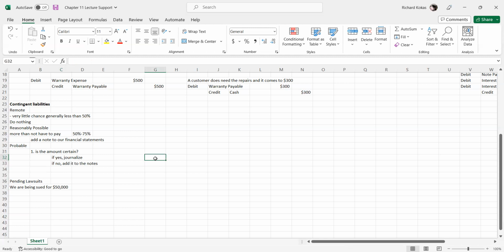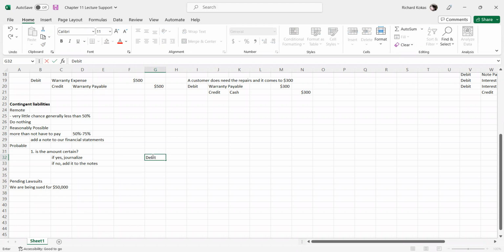We would recognize, again, accounting is all about recognizing expenses in the year they occur. So let's say it's 2021, we're being sued. What we want to do is recognize an expense for this. And we're going to recognize the liability saying, yeah, we're probably going to have to pay this. Now, there's really not a clear cut, fancy account.